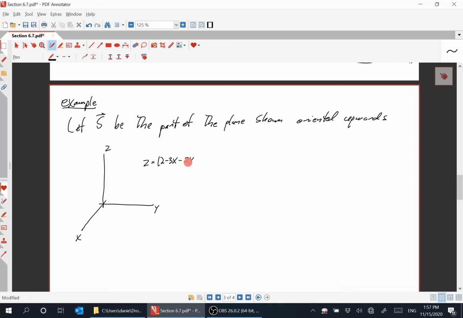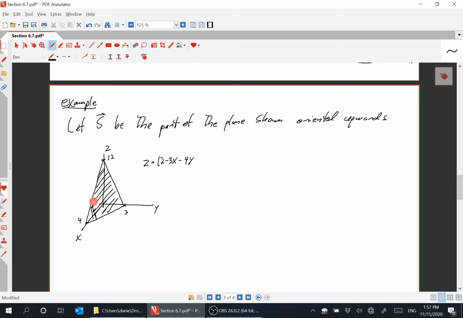So when z and y are equal to 0, we have x equal to 4. And when x and z are equal to 0, we have y equal to 6. Let's put a 4 here, so we get y equal to 3, and z equal to 12 up here. So this is our surface S right here, this plane.